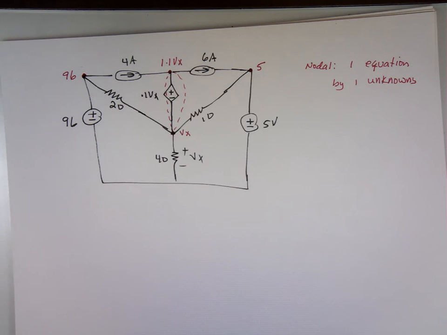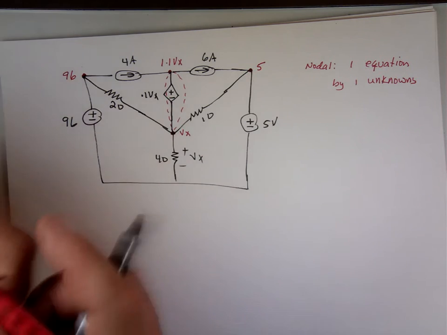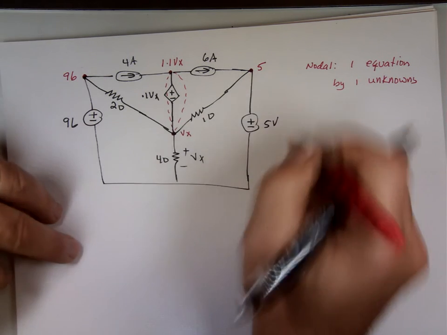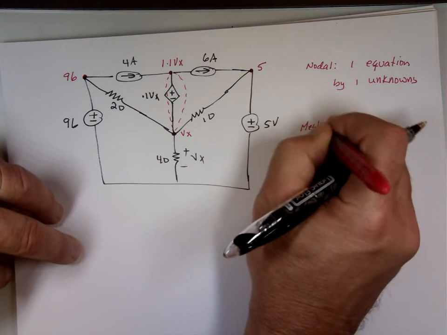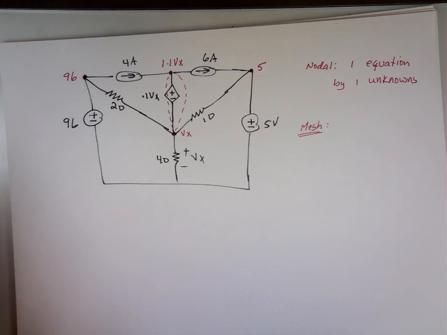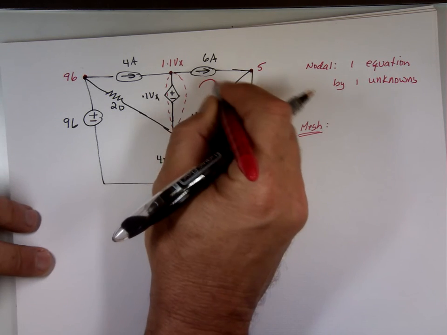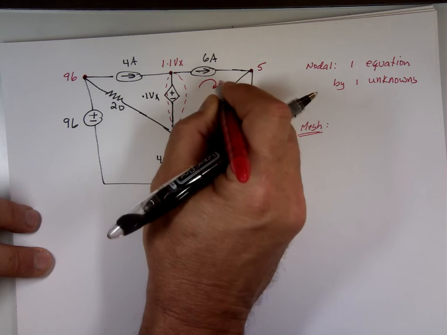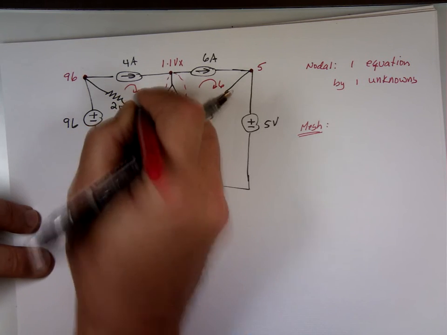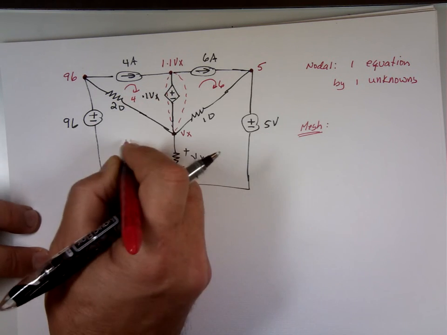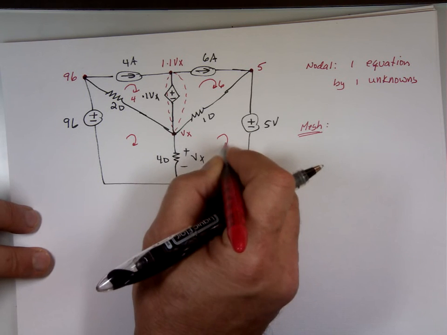Now, if I do mesh analysis, I know this current, that's what? 6. I know this current, that's what? 4. What's this current and what's that current? Unknowns, right?